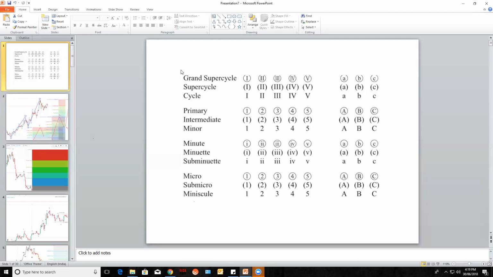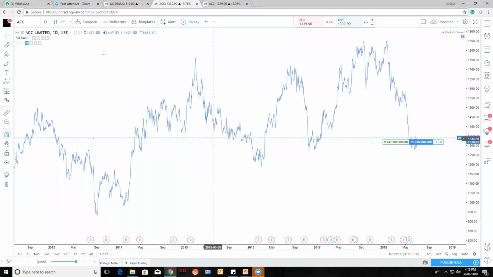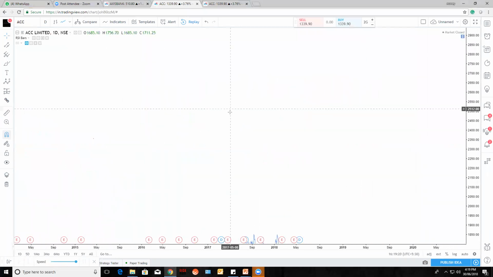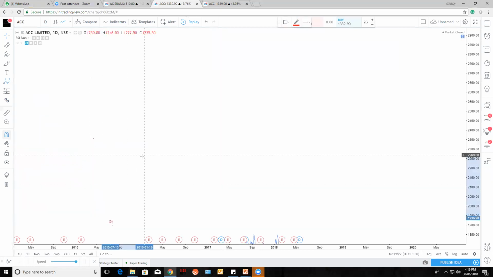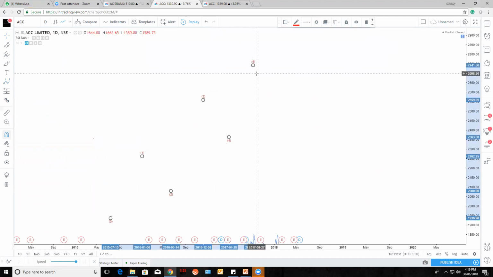You just remember how to name them. You will get it in tools directly, what the things are and how we need to name. I'll go to tools here. Let me take this as a tool. Let me take this as an Elliott impulse wave. Let's say this as a 1, 2, 3, 4, and 5.